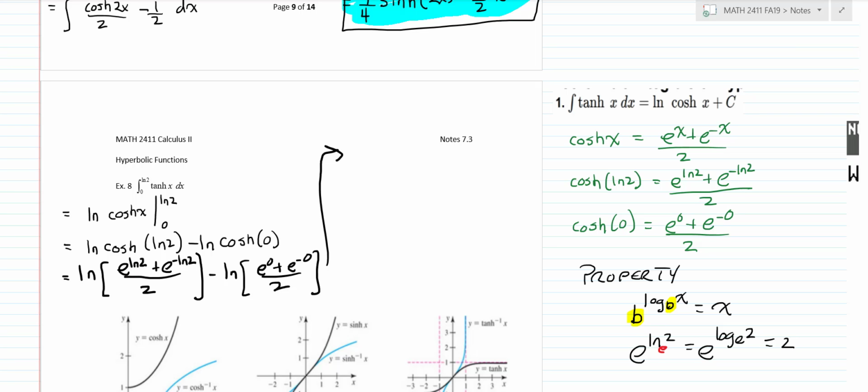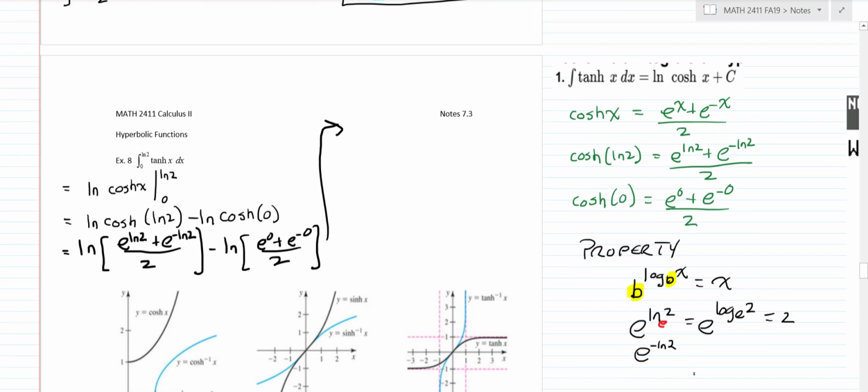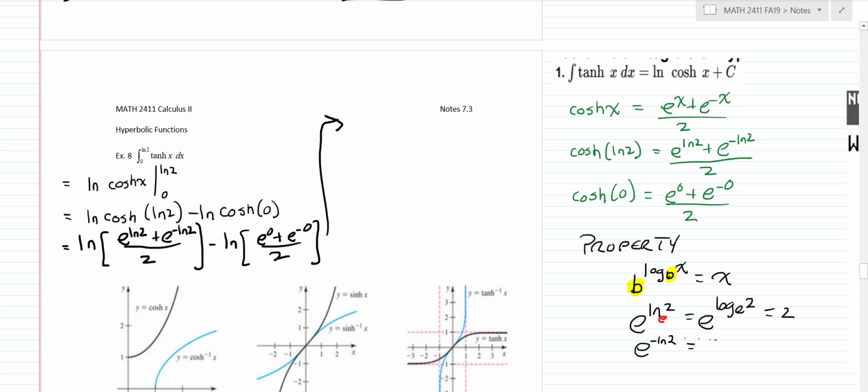Let me show you what I'm going to do on this. You can do this a couple of different ways. Even if you look at this part of the problem, e to the negative ln of 2, you have to do this. This is really e to the ln of 2 to the negative 1.